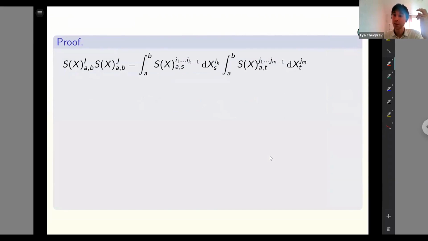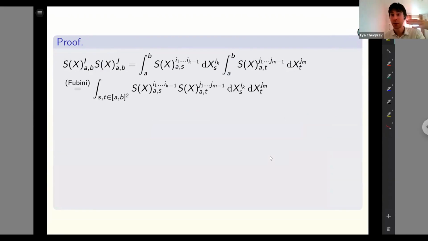As with the other proofs that we've seen, we're going to use induction. I'm going to write out the first line, which is essentially just the definition of the two iterated integrals. And then in the second line, we're going to use Fubini. This is a product of two integrals, so I can write it as one big integral over the product space.